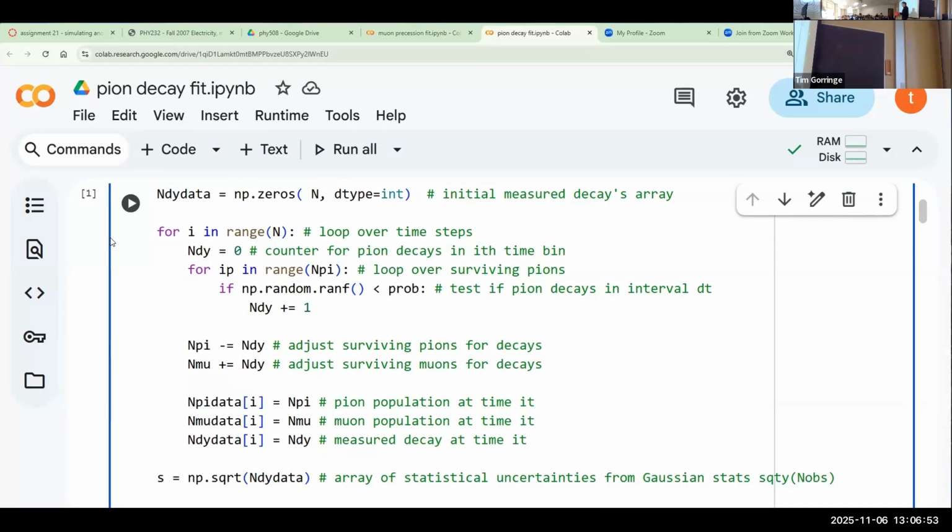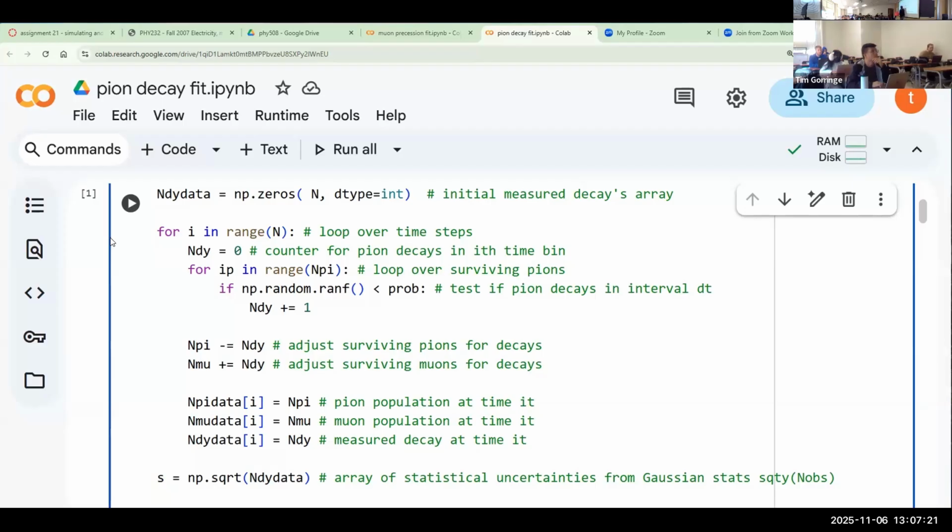So now I've set up my arrays to store the information that my Monte Carlo, using random number sequences, is going to generate for my pion decays to muons. The filling of those arrays, the generation of the data, the simulation of the experiment, is basically contained in this group of lines here.